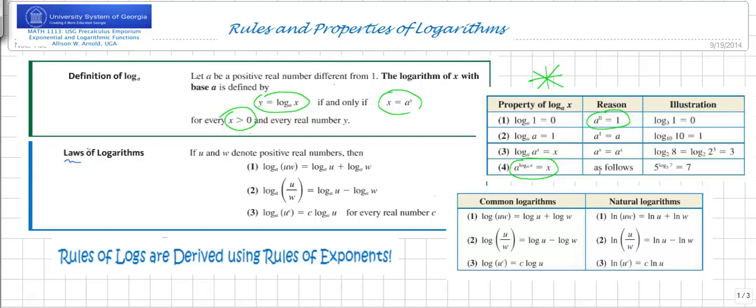Now, it's important to note that your laws of logarithms, which could also be called rules of logarithms, are derived from your rules of exponents. So, for example, when you multiplied like bases in the exponential forms, you added the exponents. The logarithm itself is an exponent.